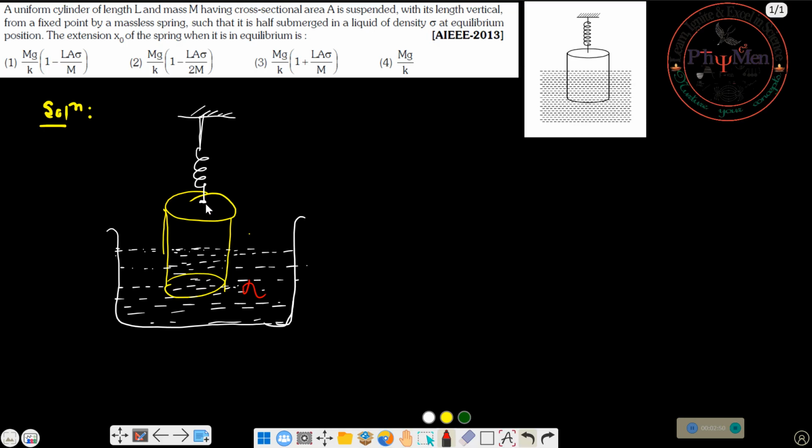So what are the forces acting on this cylinder? We need to draw the free body diagram of this cylinder while dipped in the liquid of density sigma. The first one is the spring force.